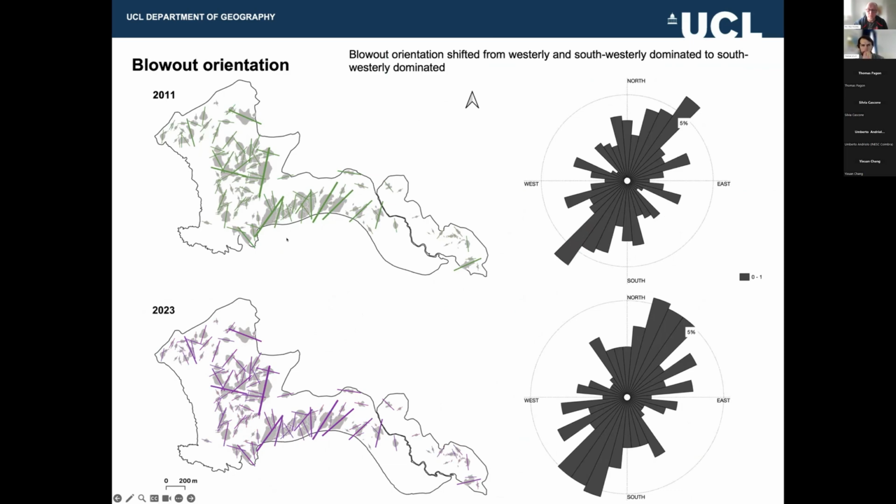But apart from the wind impact, the eroded south beach and foredune could also be allowing wind coming from the northwest to reach the back dune system, which could be a possible cause of the shift in blowouts.